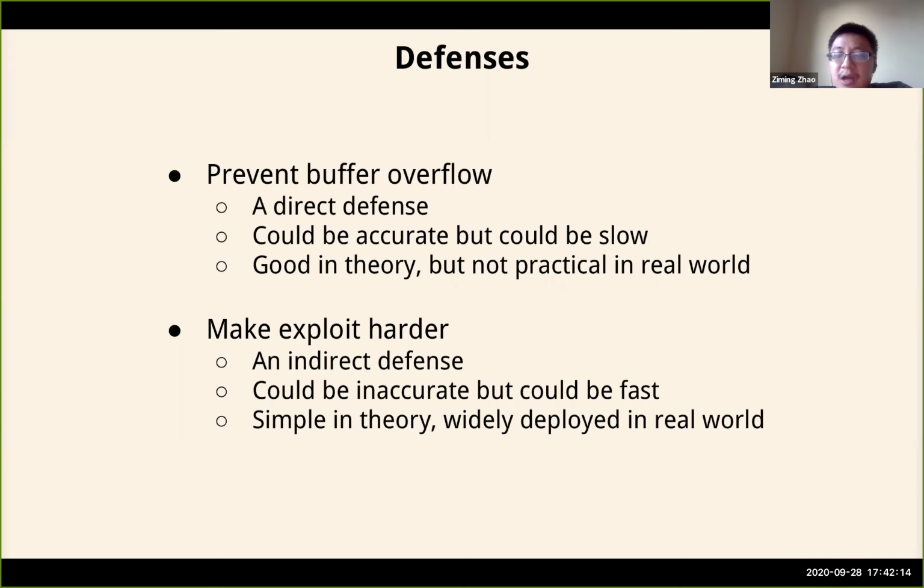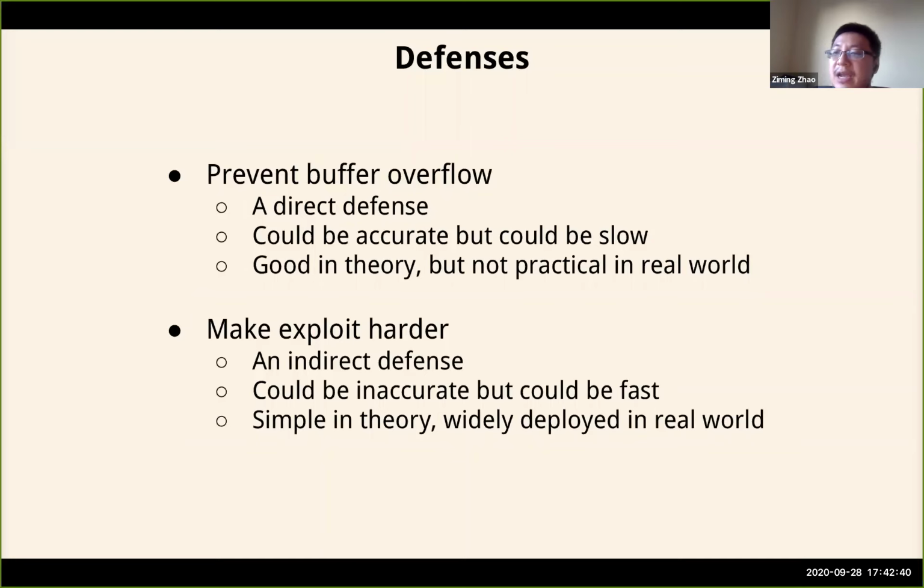However, the cost of it could be very, very high, making it not practical for C or C++ programs. Because when you develop C and C++ programs, you just want those programs to be fast, and you don't want to make it slow. And those direct defenses usually are very, very slow.